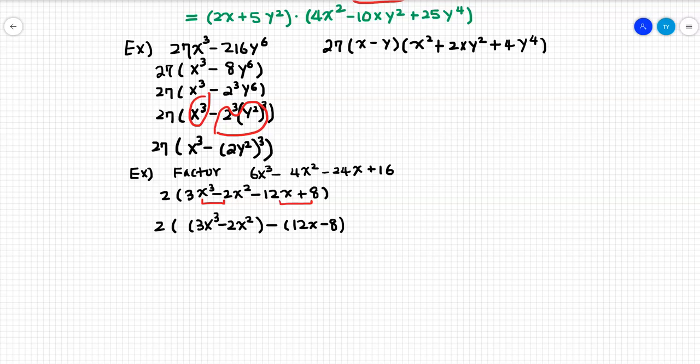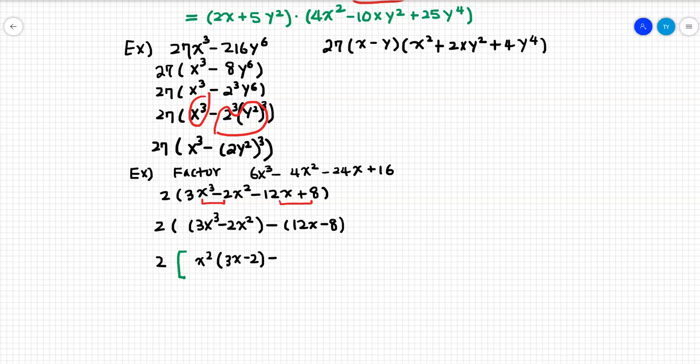Okay, so what we're going to do now is look at what's the common factor here. I'm going to put them into the bracket, the green bracket. The common factor here is going to be x squared, so that means x squared times 3x minus 2, minus.